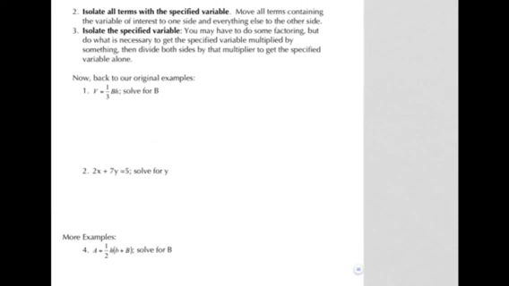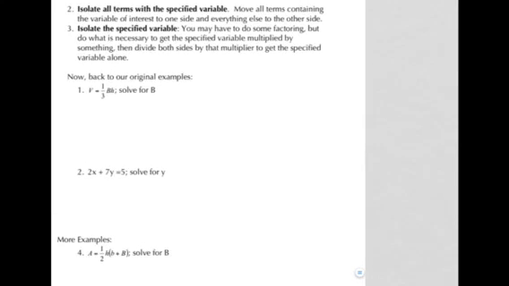Isolate all terms that contain the specified variable. So if you have 2 t's in your equation, move both t's to the same side and everything else to the other side. From there, you'll be able to isolate the specific variable by maybe doing some factoring. You'll have to do some algebraic manipulation and tricks to get it alone, but once the variables of the same type are on the same side, you'll be able to get that variable alone.